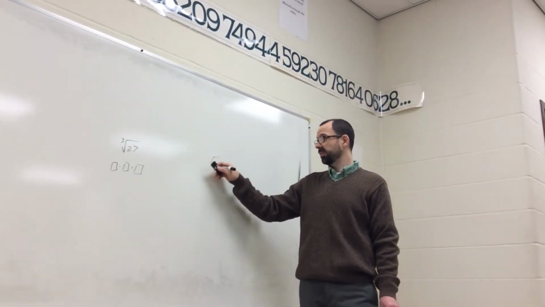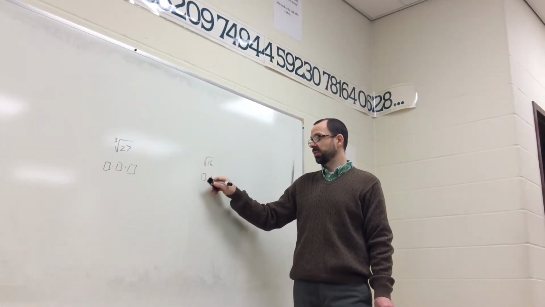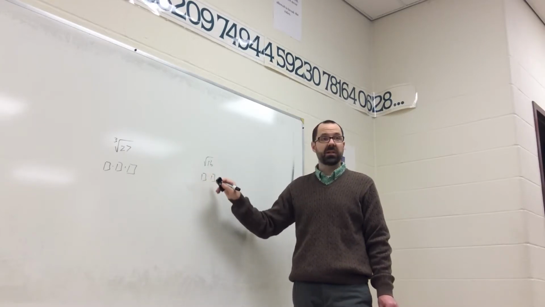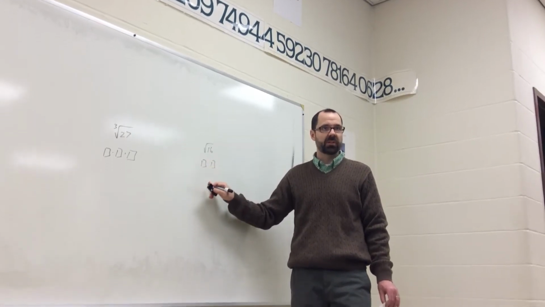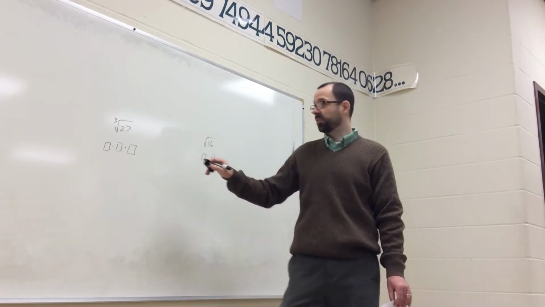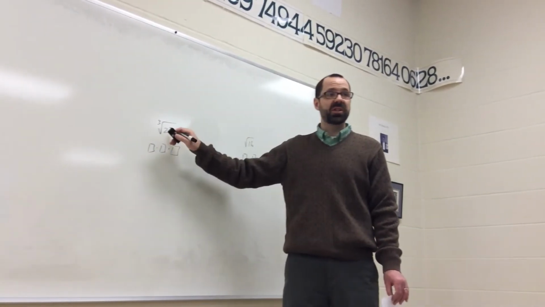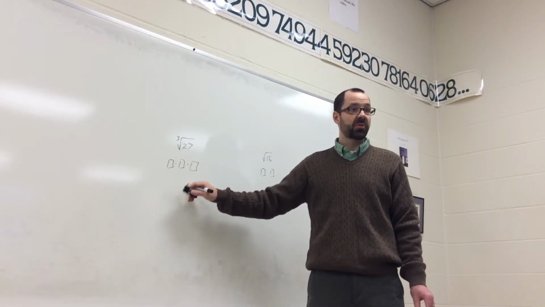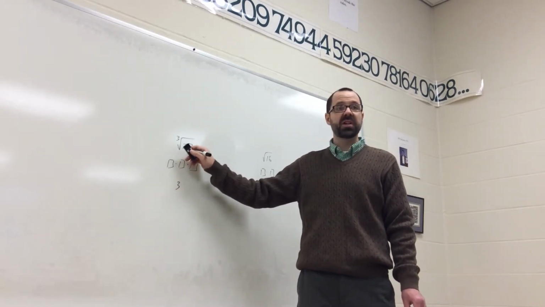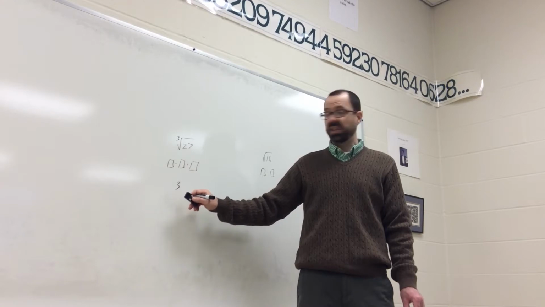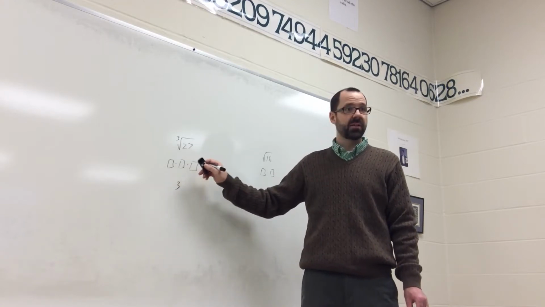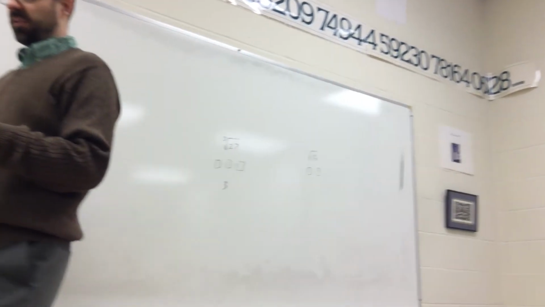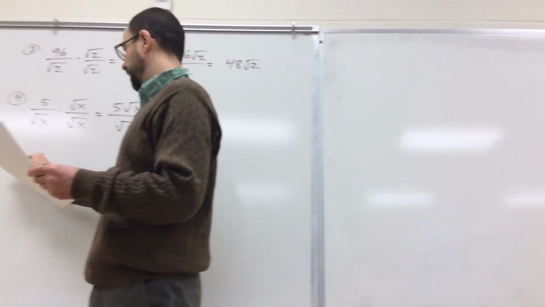Square root means just 2 numbers, 2 blanks, right? What times what is 16? Well, of course, it's 4 here, right? So here we're saying what times what times what is 27. So what is that? 3. Okay, so the cube root of 27 is 3, because 3 times 3 times 3 is 27. All right, so the next problem has a cube root in it. That's why I wanted to remind you about that.